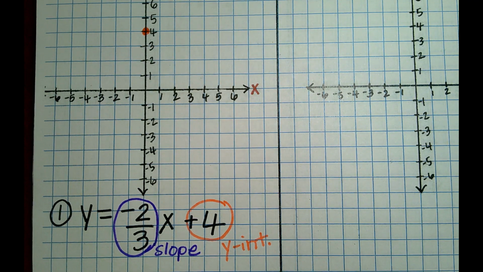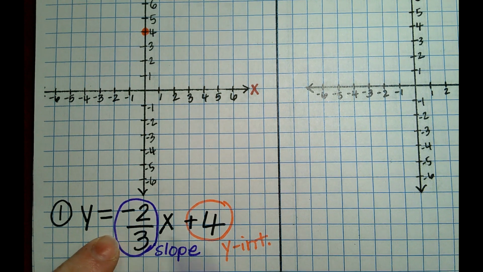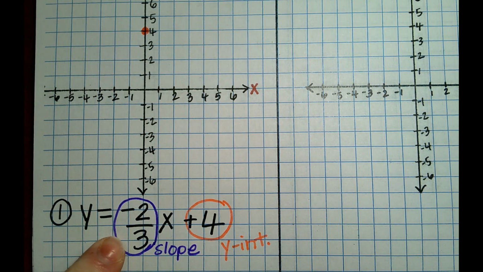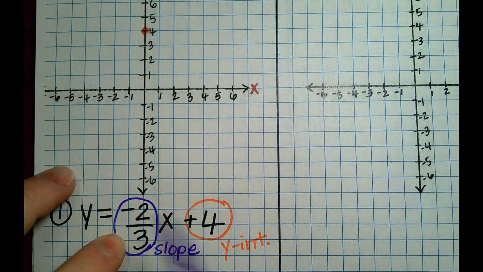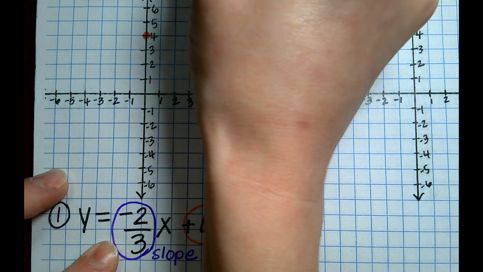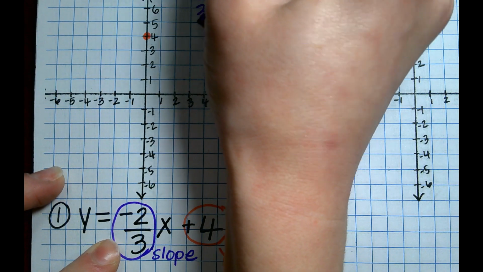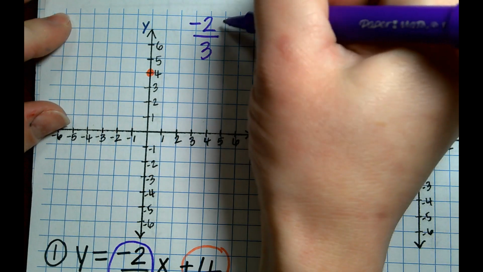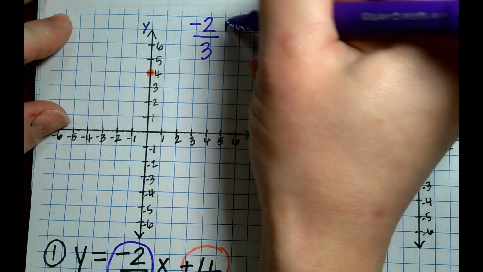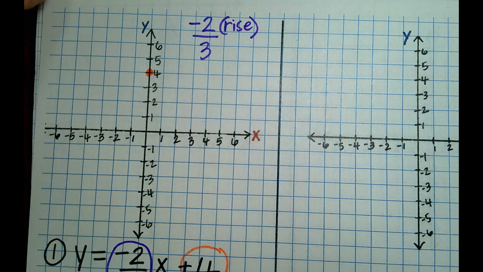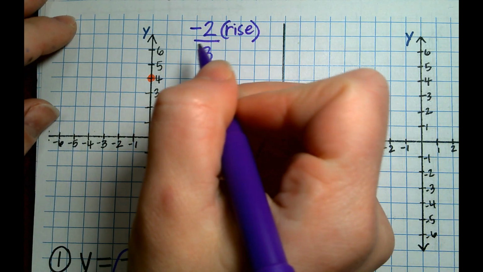Now, what's step 2? Down 2. Yep. We're going to use our slope for step 2. Since our slope is negative 2 over 3, that means our rise, or how far up or down we go, is negative 2.